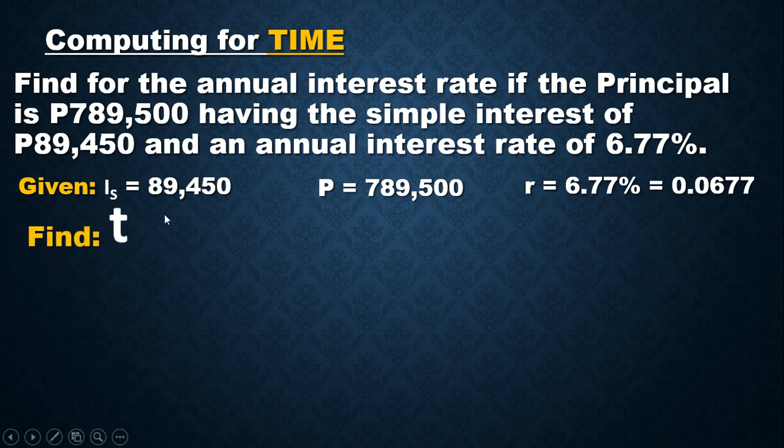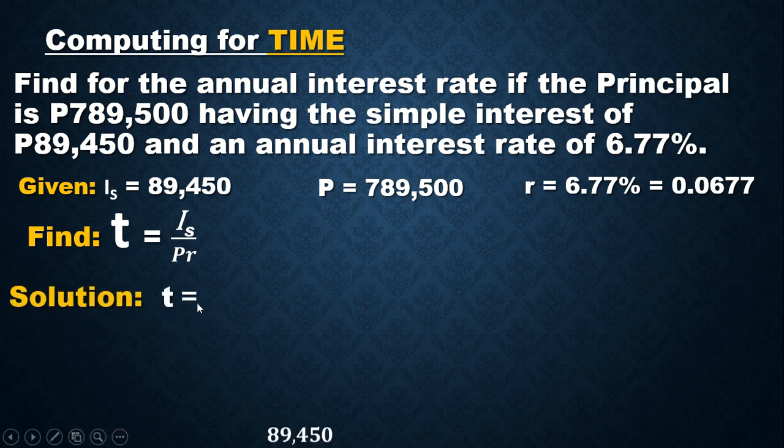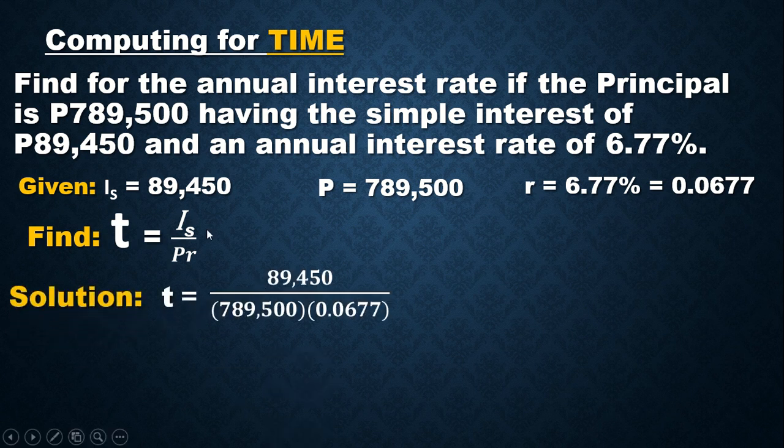We have to find for the term or time, which is equal to the simple interest divided by the principal times the rate. So, time is equal to, substitute po natin silang lahat. Simple interest ay sinubstitute natin kay 89,450. Si principal ay sinubstitute natin kay 789,500. Ito po siya. At ang rate or interest rate kay 0.0677.